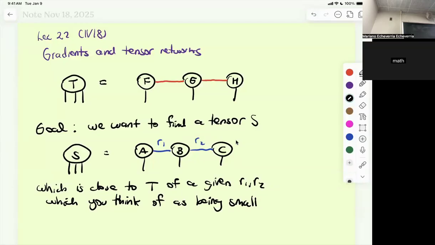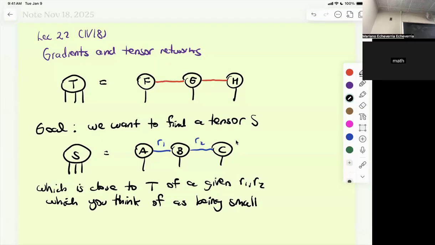These legs are paired, meaning if this leg takes three values, then this leg takes three values. If this leg takes four possible values, with indices going from 1 to 4, then this one will go from 1 to 4. So they're matching in that sense.